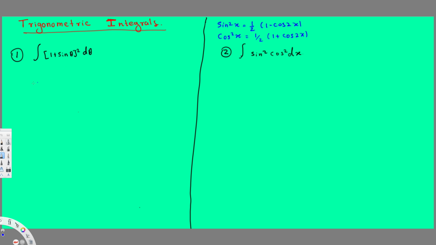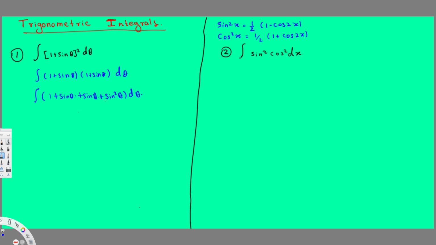So let's do this one. I can rewrite this as integral of 1 plus sine theta multiplied by 1 plus sine theta d theta, right? If you multiply this, we will get 1 times 1, 1; 1 times sine theta, sine theta; then sine theta times 1, sine theta; then sine theta times sine theta, sine square theta, d theta.